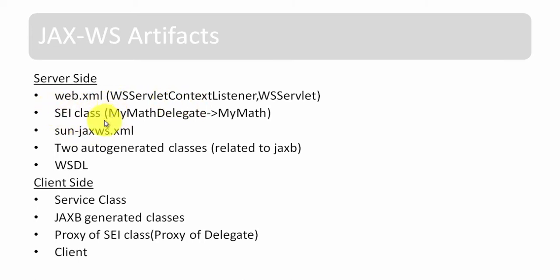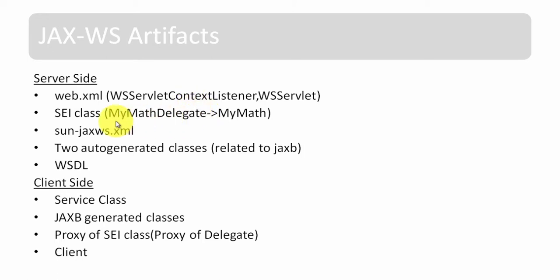Based on the MyMath program that we have written, a program called MyMathDelegate is generated. The MyMathDelegate is the program in my example which is called the service endpoint interface class. More on that I'll be talking about in a further slide.